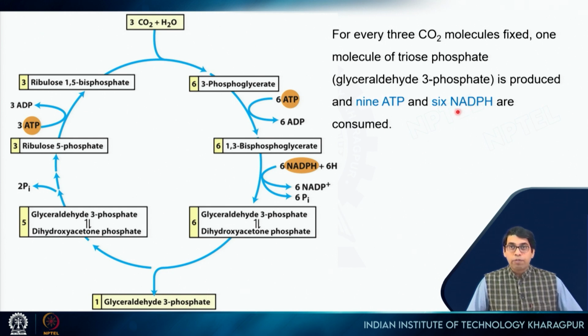So, 6 molecules of NADPH will be equivalent to 6 times 2.5, that is 15 molecules of ATP. So, 15 here and 9 here, that is 24 molecules of ATP, that is the equivalence of ATP, are used to produce 1 molecule of glyceraldehyde 3-phosphate from 3 carbon dioxide molecules, right. So, 24 equivalents of ATP are used.